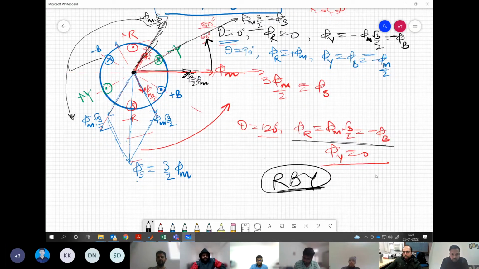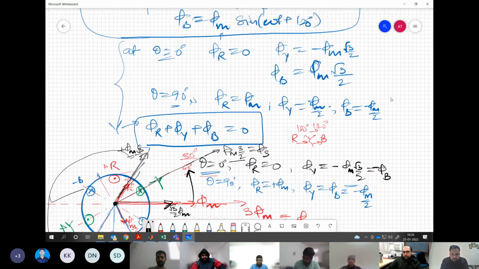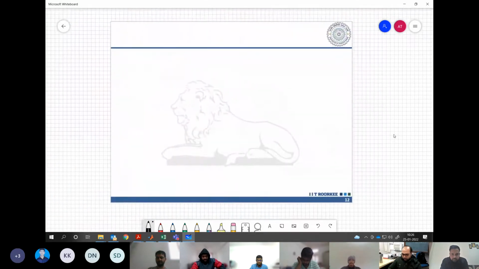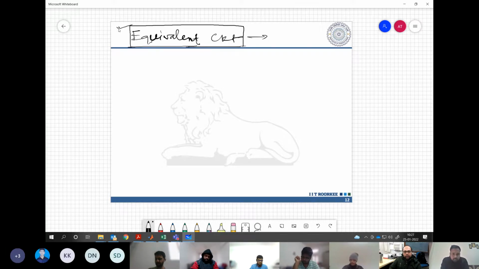Good. Now, this is one property about induction motor. The other thing, which you already know, but still let us have a discussion on, is the equivalent circuit. Because most of the computations we are going to do for PWM and other things will be based on the equivalent circuit, we need to understand this very well.